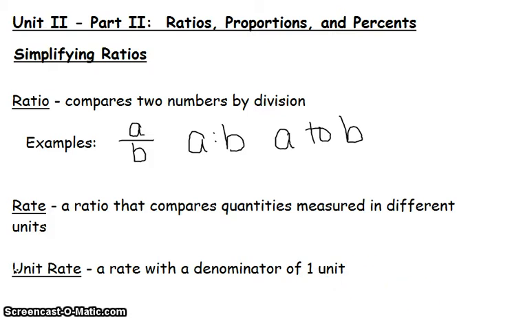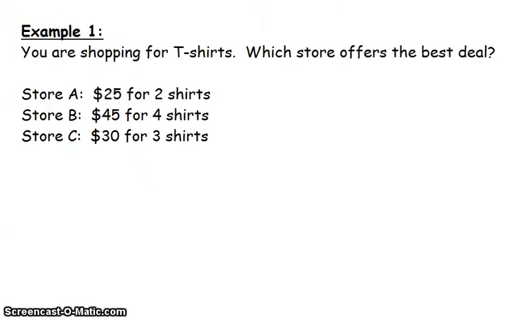So let's look at this example where we have unit rates that we need to write. In this example, you're shopping for t-shirts, and you've got 3 different stores to choose from, Store A, B, and C, and they each have a different deal. So what we want to do is figure out which one has the best deal. Now some of you all can do this different ways, not necessarily with unit rate. I would look at this and say, $25 for 2 shirts, but for $5 more at store C, I could get 3 shirts.